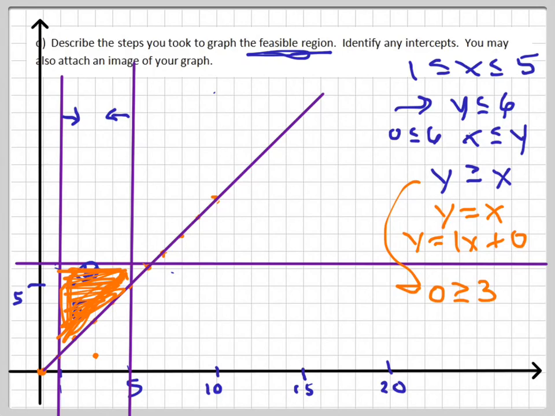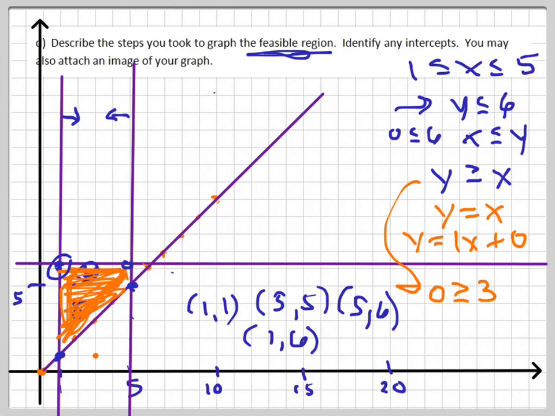Okay, so I have this one, this one, this one, and this one. And that looks like it's 1, 1, okay, 5, 1, 2, 3, 4, 5, 5, 5. Okay, right above that I have 5, 6. And then I also have 1, 6 as well.